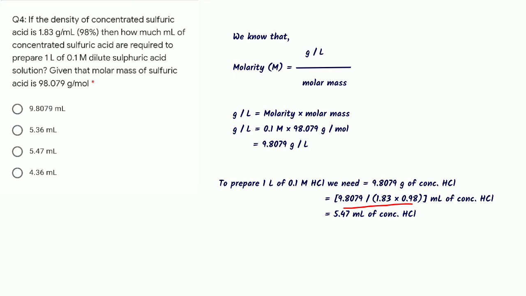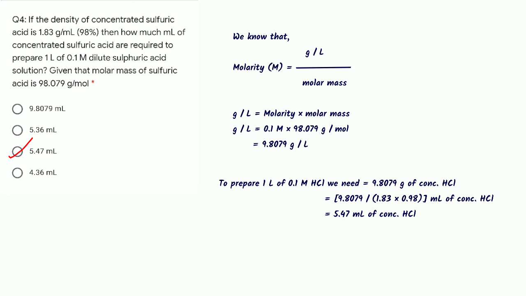But the concentrated solution is not 100% pure, it is 98% pure. So we have to divide this mass by 0.98 to get the volume. If you calculate this with a calculator, you will get the value as 5.47 ml. So that means option C is the correct option.